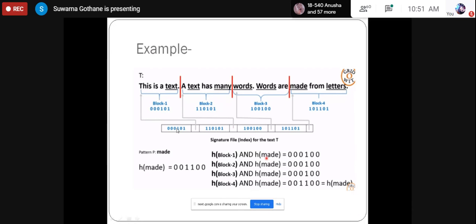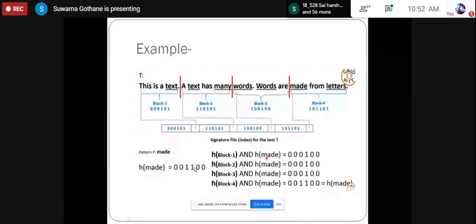With this combination and this combination, it is going to perform the AND operation. It is checking whether it is matching. No, it is not matching.